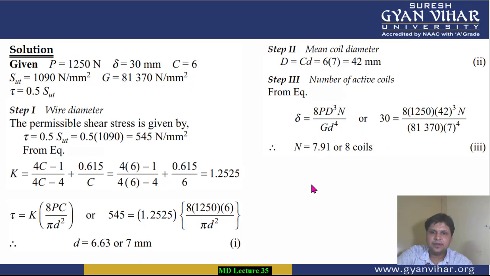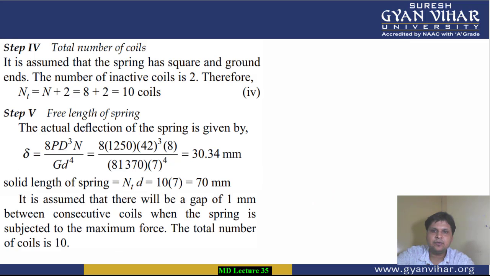Now if 8 coils is the answer, not 7.9, since we have rounded it off, the total number of coils will be equal to how much? As I have told you in my previous video lectures, the total number of coils depends on the style of end.